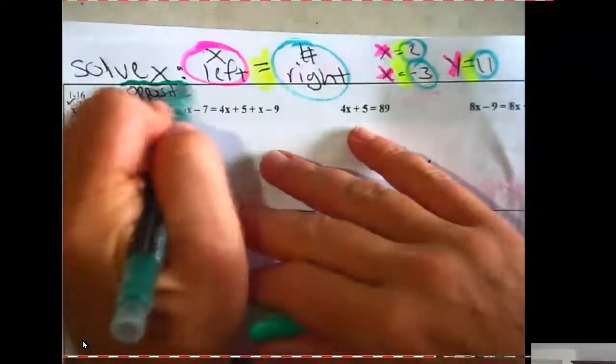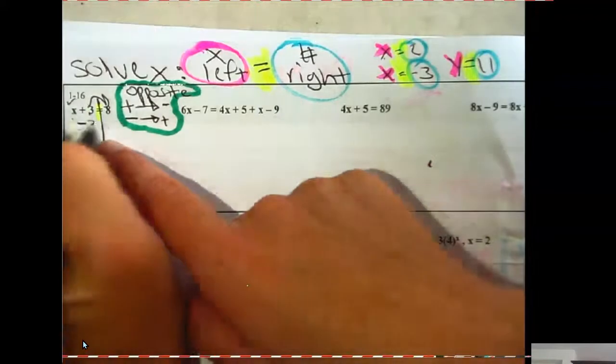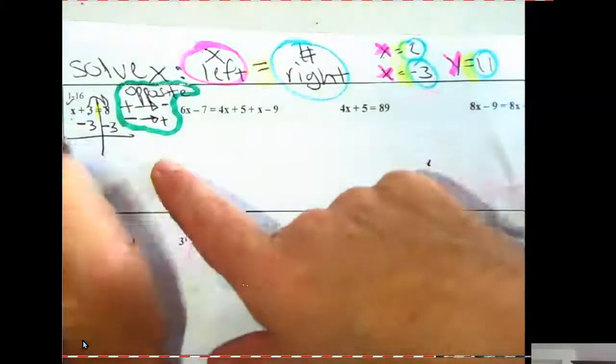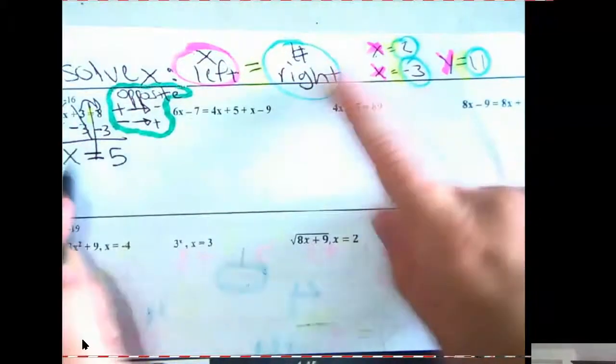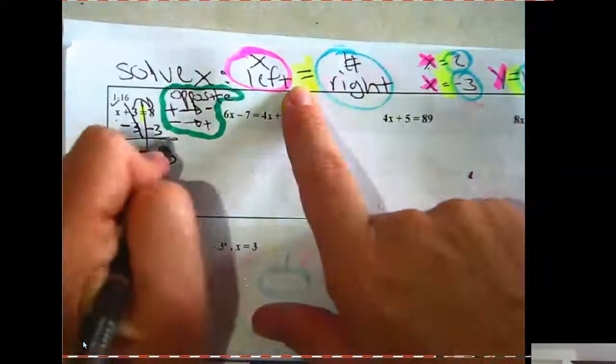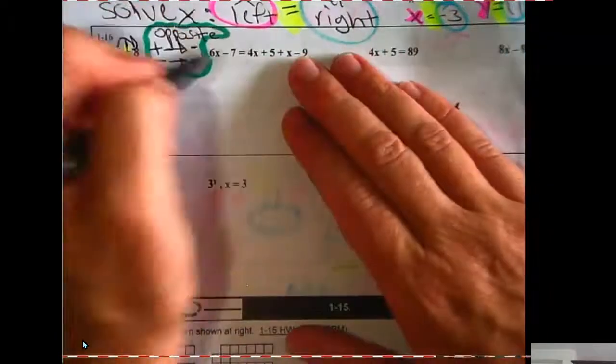Let me put that in here. Okay. So if this is plus 3, the opposite is minus 3. Bye-bye. X equals 5. X on the left, number on the right, equals in the middle. Miss Rifkin's happy. Done.